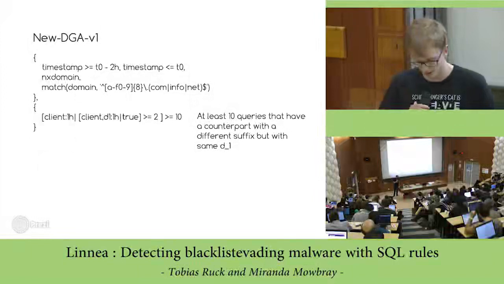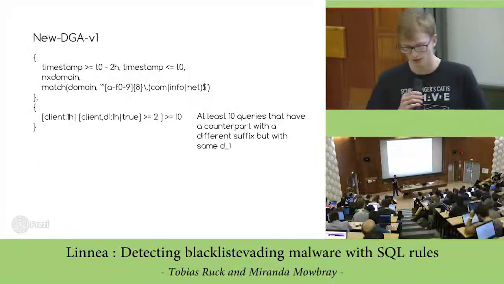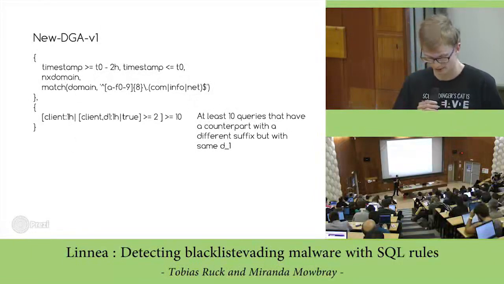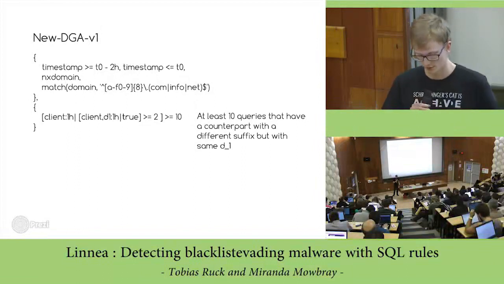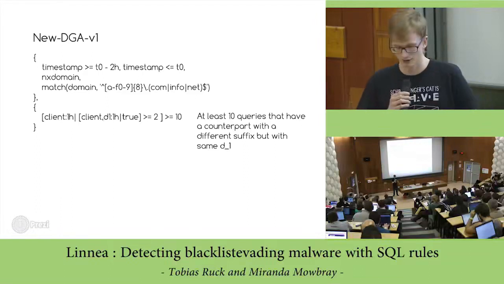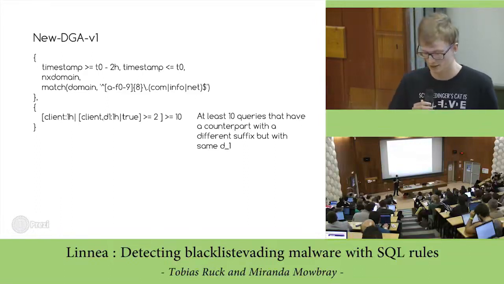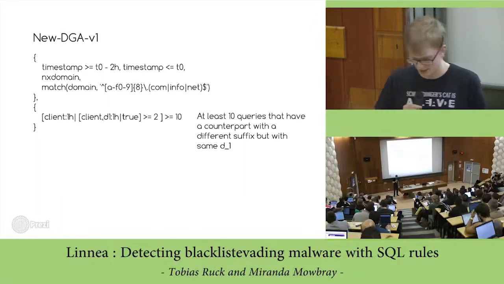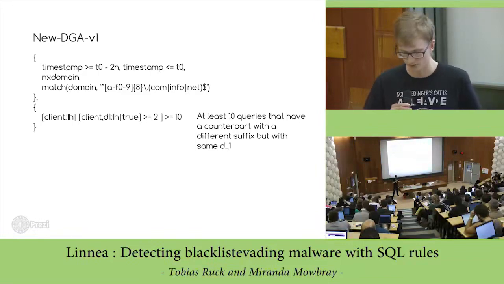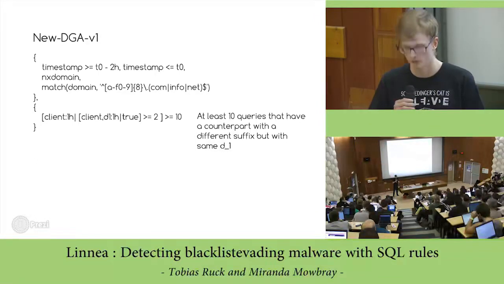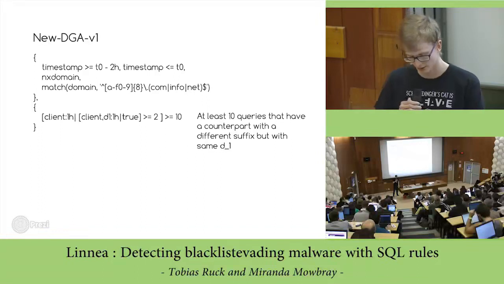And in the last predicate, you can see that we can combine the teabag syntax. So we first check if there's a counterpart for the current domain, and then we check if there are at least 10 domains with a counterpart for the current domain.